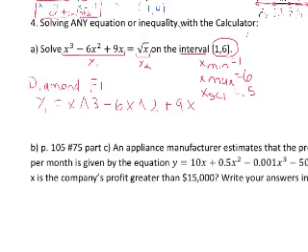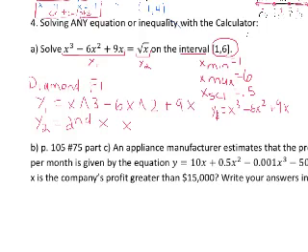Then you hit enter, and then for y2 you're going to hit the second button and then the times button. That's where your square root is, and then you'll hit x. So it's going to look like y1 equals x cubed minus 6x squared plus 9x, and y2 is going to equal the square root of x.